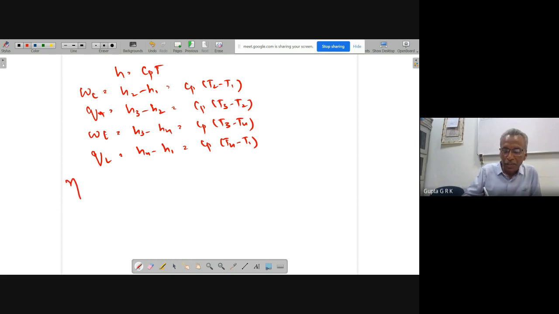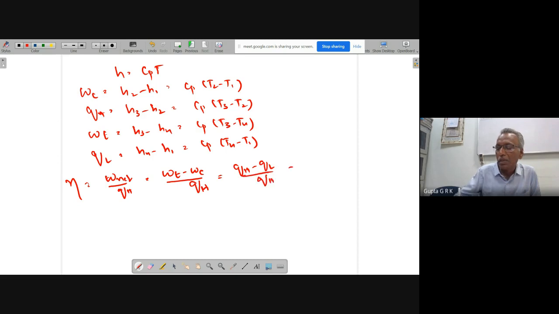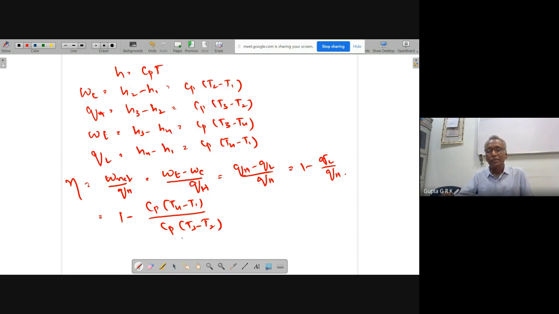And so efficiency is equal to W net by QH, or (Wt minus Wc) by QH, or QH minus QL by QH, or 1 minus QL by QH. So I can write this as 1 minus Cp into (T4 minus T1) by Cp into (T3 minus T2). Right.